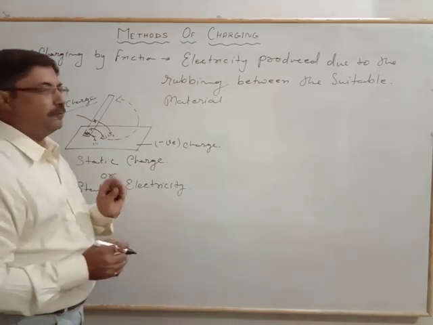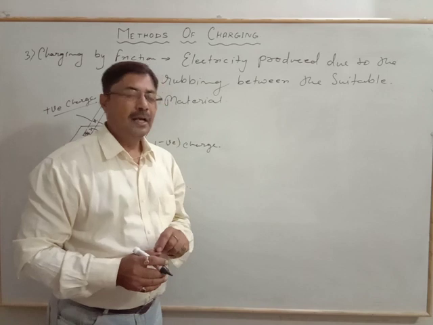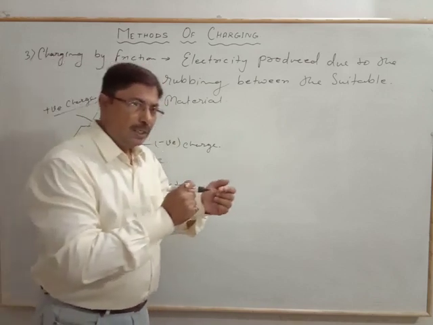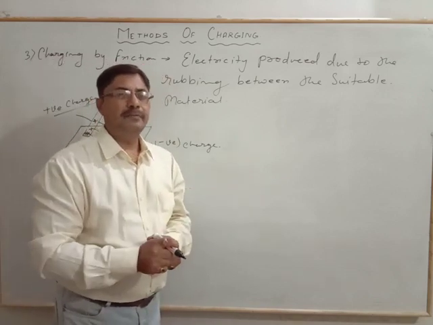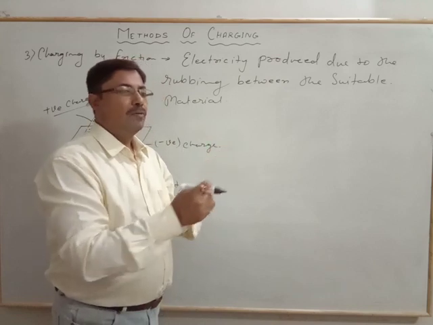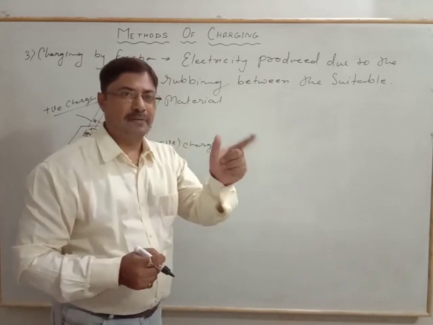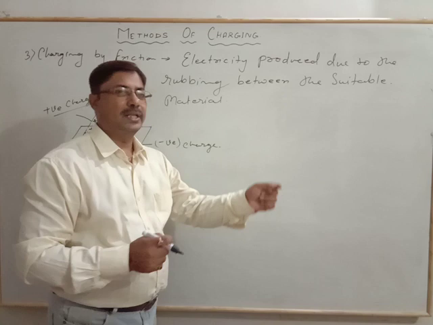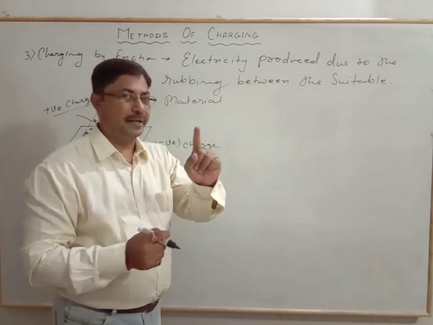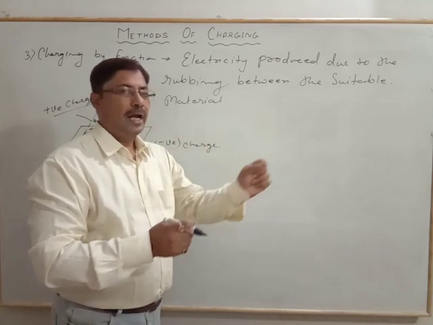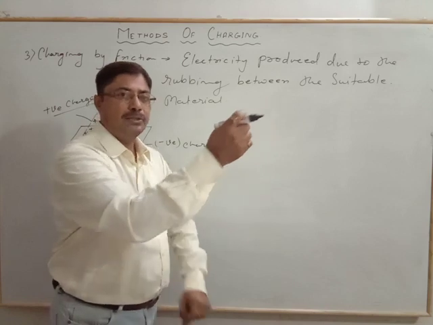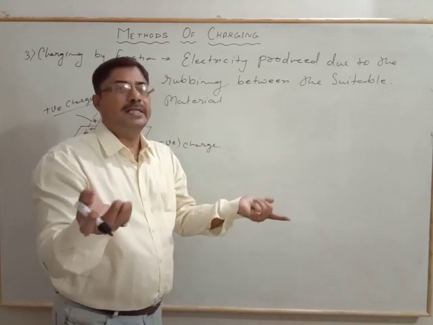For example, if we consider an iron rod held by the hand and do friction with it, we observe there is no charge developed in either case, because that charge is conducted by the iron rod. The iron rod is a conductor, and the charge will move through our body to the earth. So we will not get any charging.